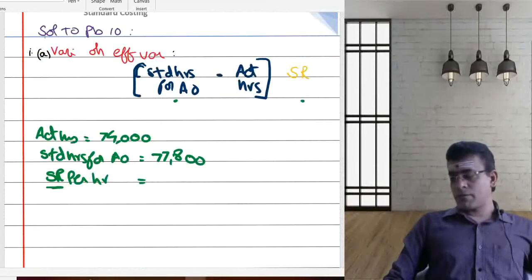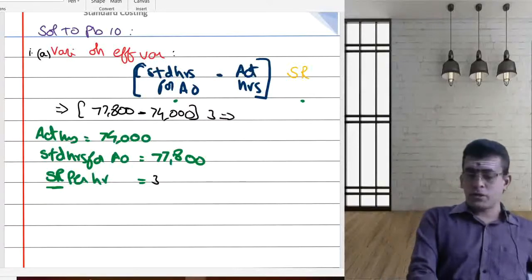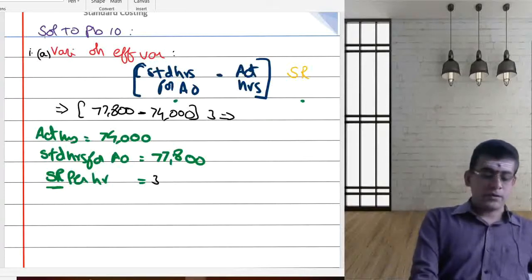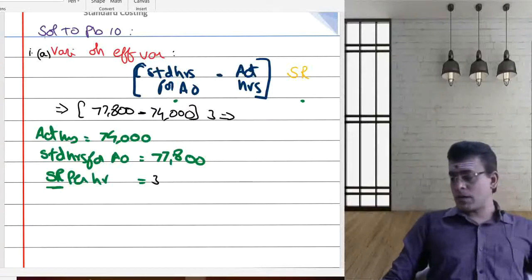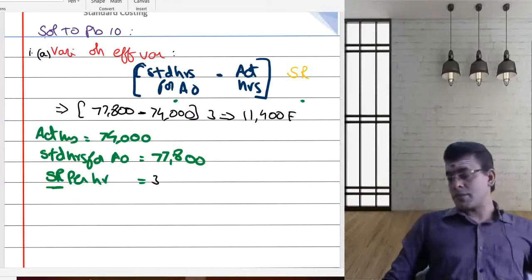Standard hours for actual output, 77,800, minus actual hours, 74,000, multiplied by the standard rate per hour of 3 rupees, is going to give you 11,400 favorable. That is the variable overhead efficiency variance.